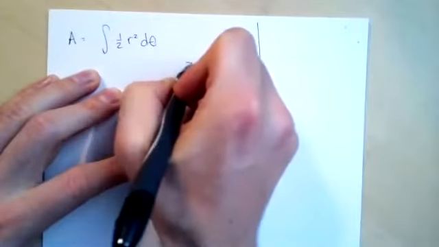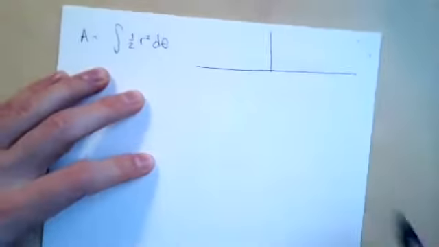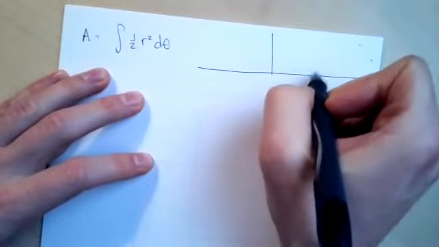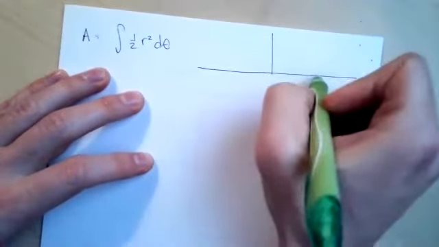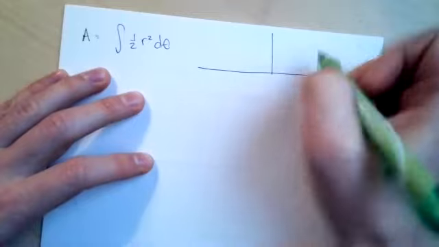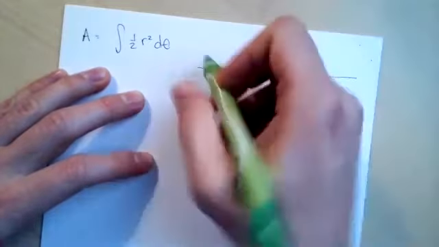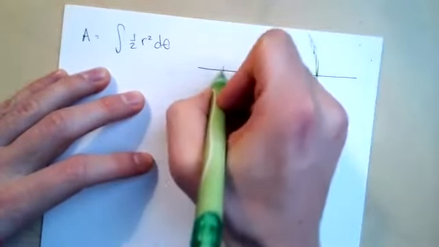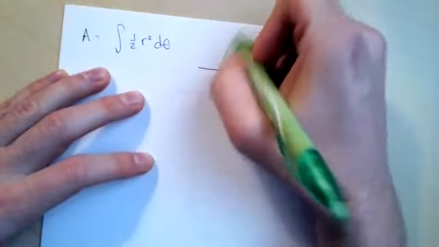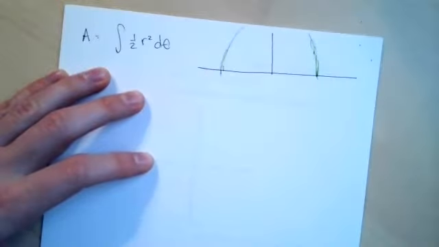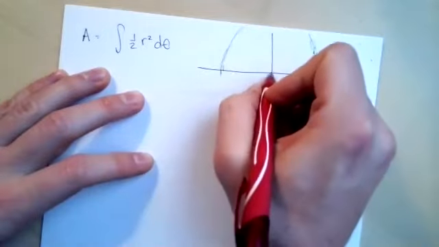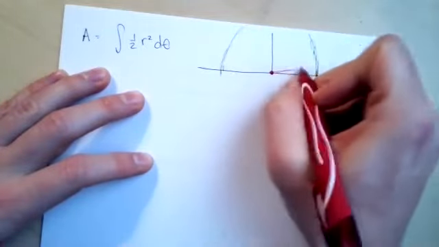The problem is, if we blow this up a little bit, we have our cardioid, our green going around up and above, and then the circle was coming up like this.